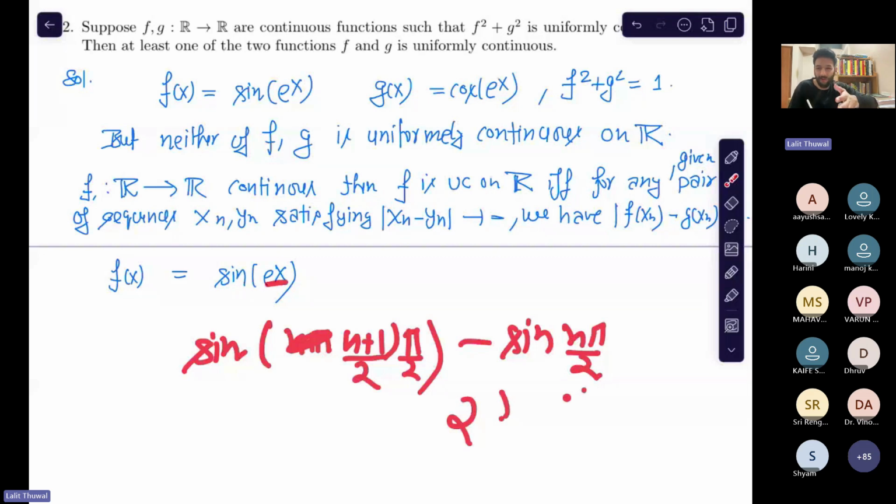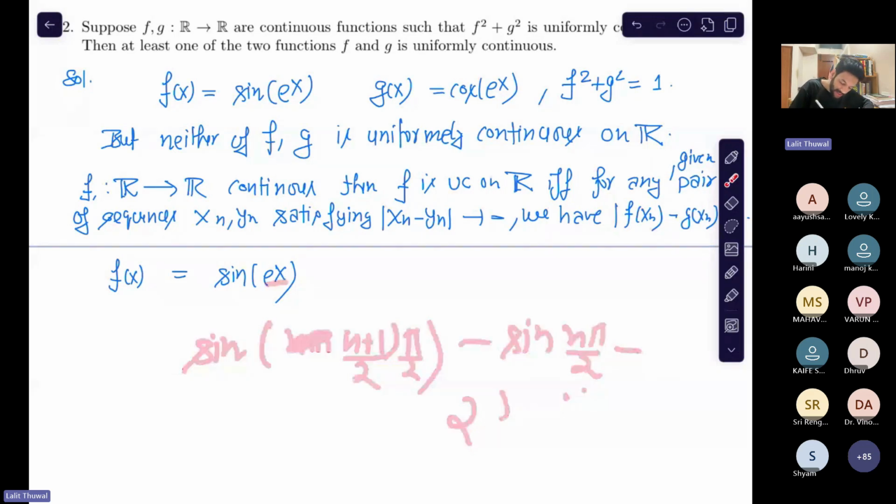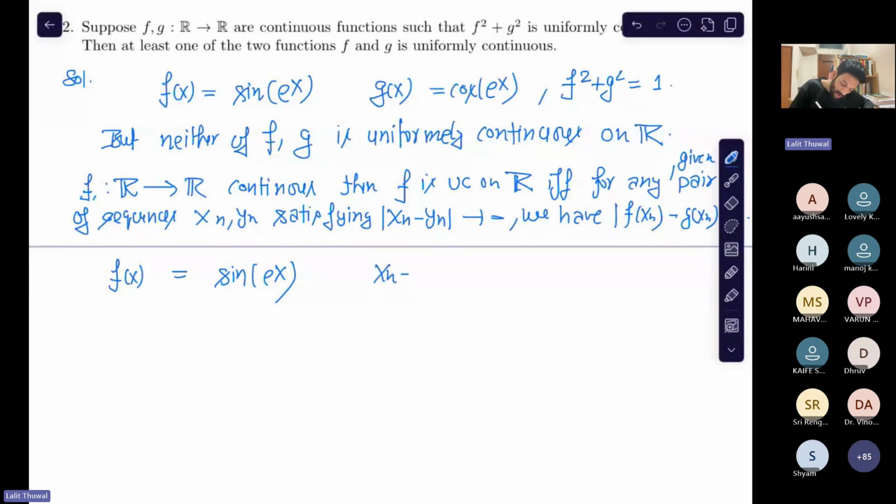There will be 2 or 3 points which will be repeating, so it will not go to 0. So how do I make the sequences? I will define xn equal to log (n plus 1) pi by 2 and yn equal to log n pi by 2.